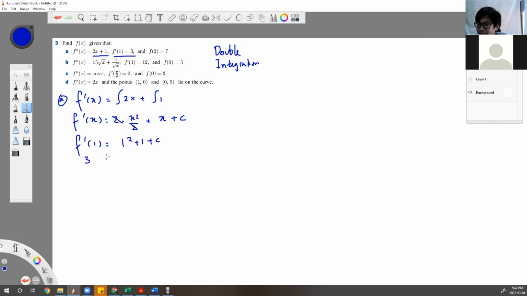So this is the first thing we do, right? And c equals 1, right? 3 minus 2. Next, back to its original, f'(x) is equal to x squared plus x plus 1. This is the first integration.